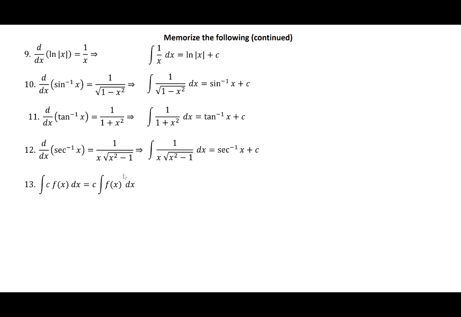In the same way, for integrals, you can yank the constant multiple out. Just as the derivative of a sum is equal to the sum of the derivatives, the integral of a sum is equal to the sum of the integrals. What does that mean? If you need to take the integral of some f of x plus g of x, then go ahead and take the integral of f of x and the integral of g of x separately and add them. That's perfectly all right.